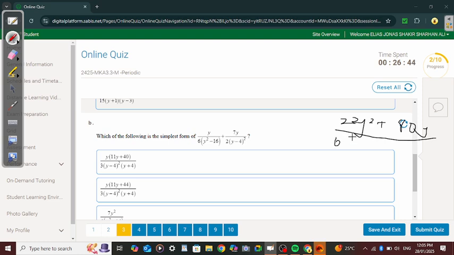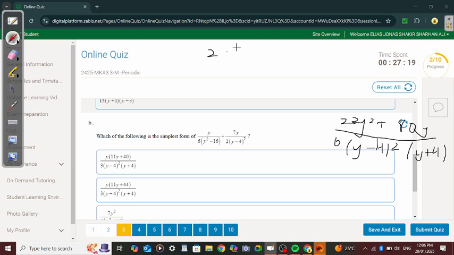So the denominator will be (3y minus 4) squared times (y plus 4). We don't need to multiply 3 and y plus 4 to the second denominator, because they're both going to have the same denominator. No point.